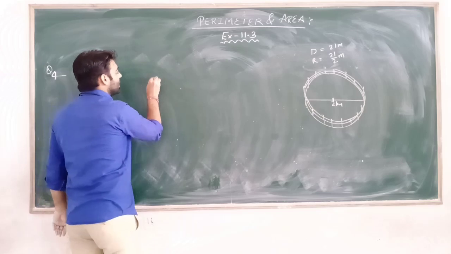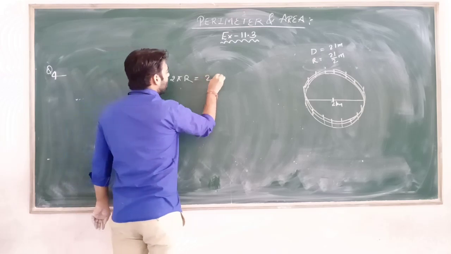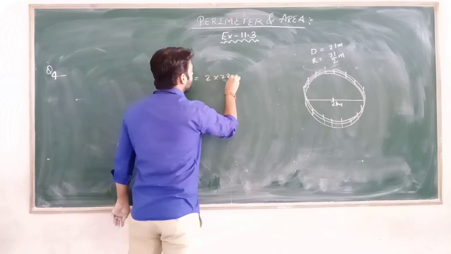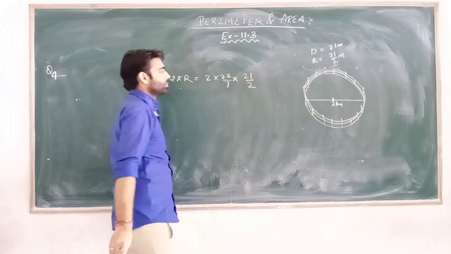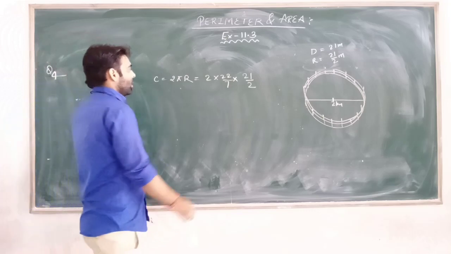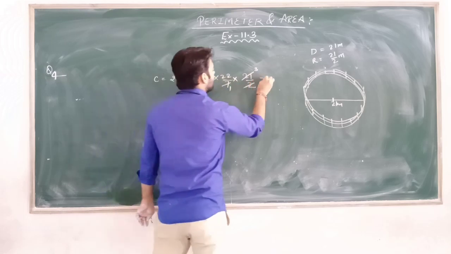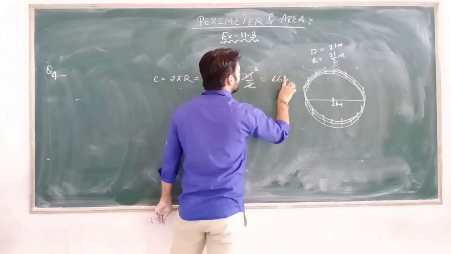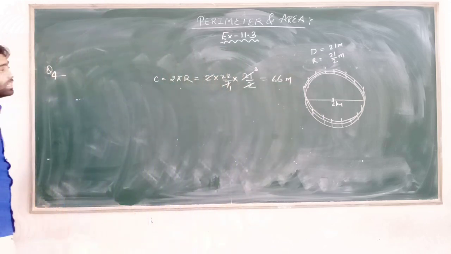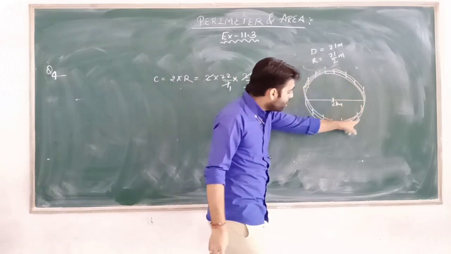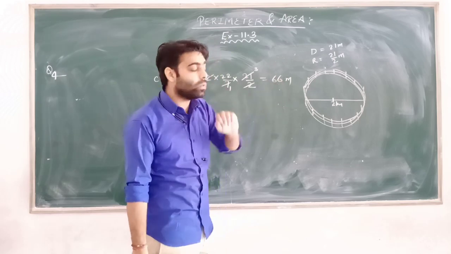First of all, we have to calculate C. C equals 2 pi r. We know the value of pi is 22 upon 7, and the value of r is 21 upon 2. 7 ones are 7, 7 threes are 21, and that will be equal to 66 meter. This rope fences 2 times, so we have to multiply it by 2.